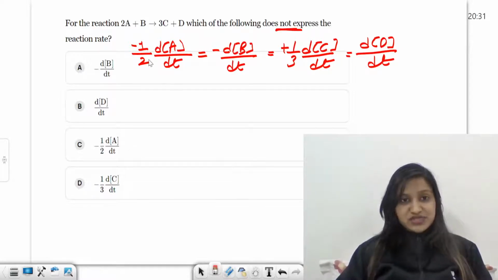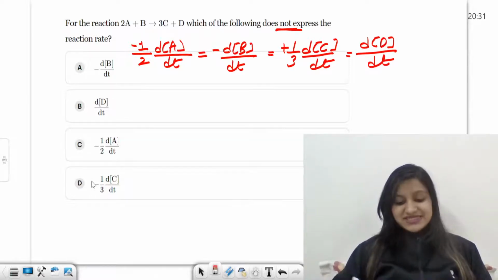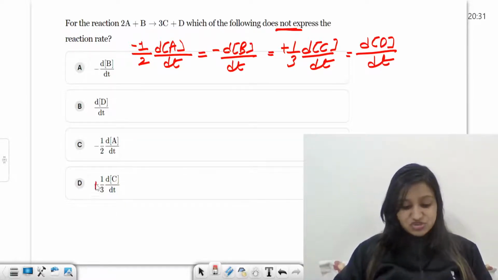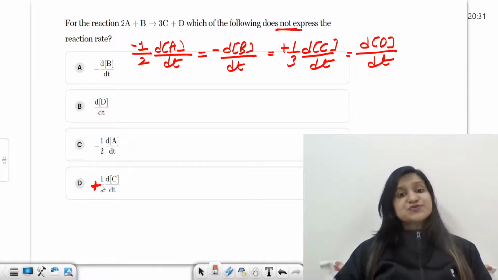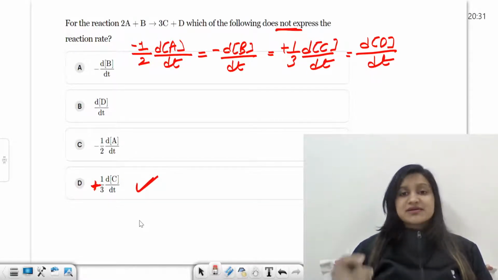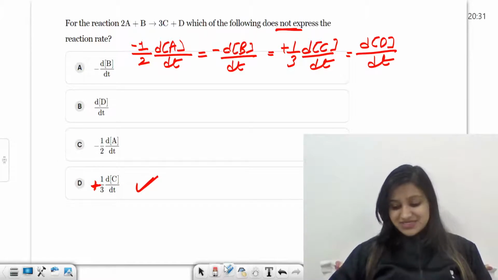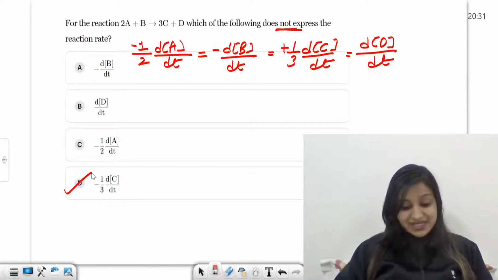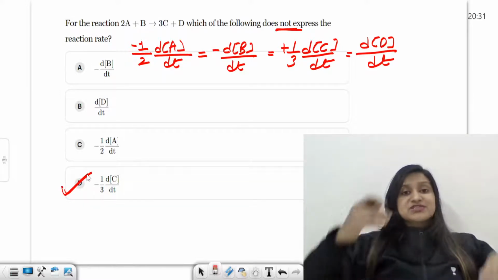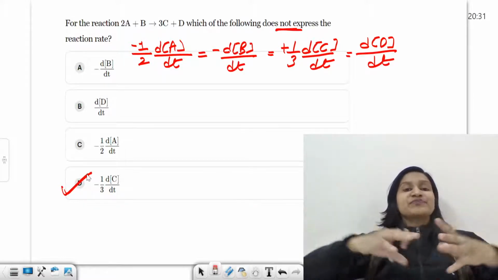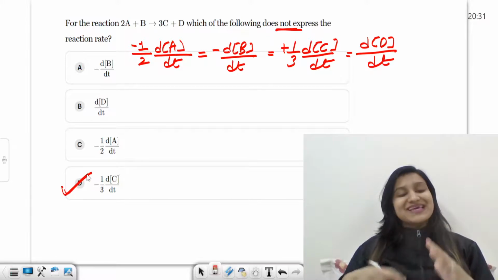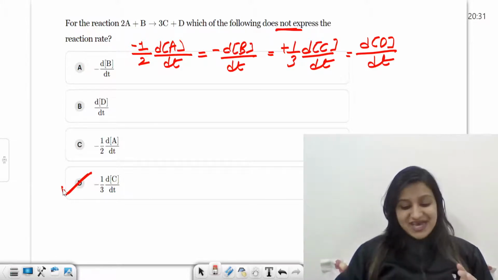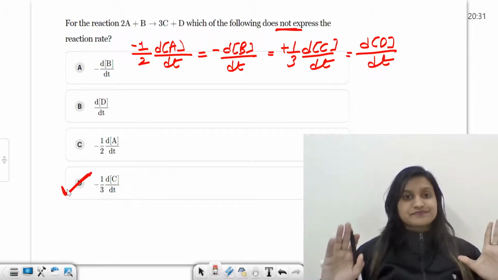Minus 1 by 2 dA by dt, see these three are correct, what is left is option number D. Minus 1 by 3 dC by dt, see this has to be plus here. If this was plus, it would have been the correct rate expression, but since here it is minus, that's why this is our correct option, because we have been told to mark the incorrect option. All right, so that's why this is our answer.